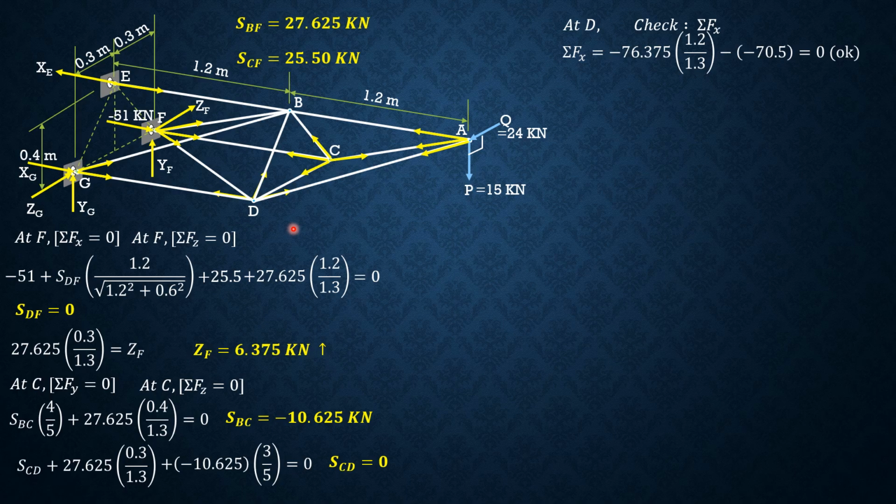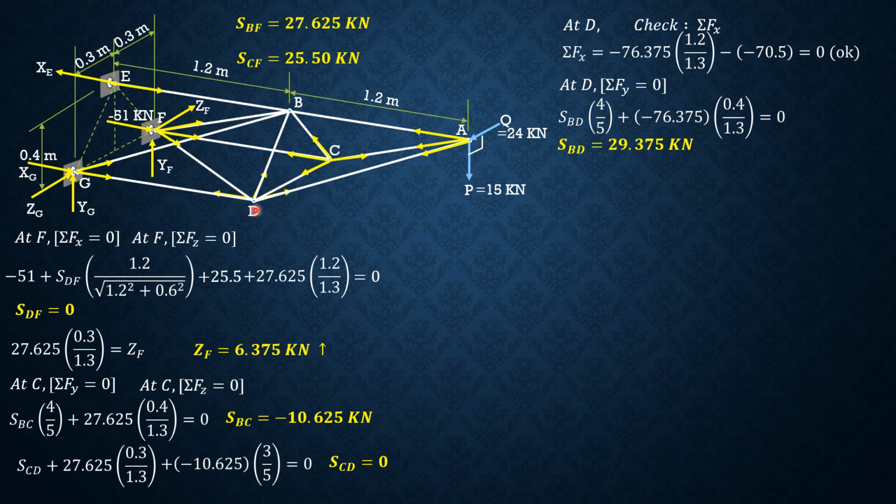Then summation forces y to solve for SBD. So only SBD and SAD are involved. So SBD times 4 over 5 plus negative 76.375 times 0.4 over 1.3 equals 0. So SBD is equal to 29.375 tension.